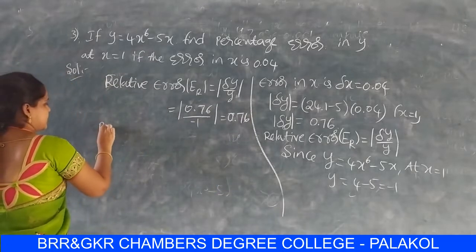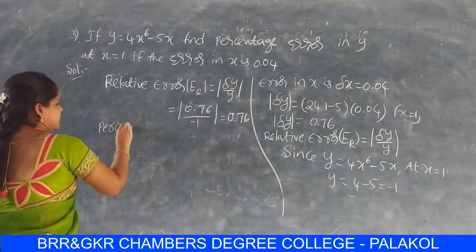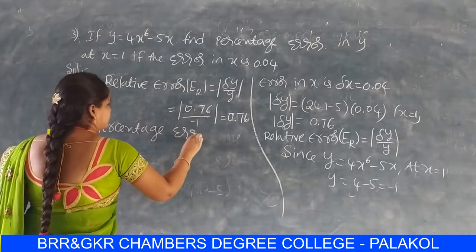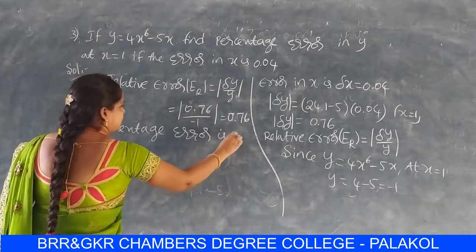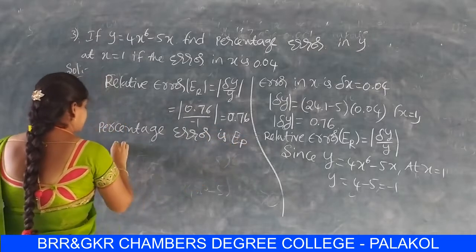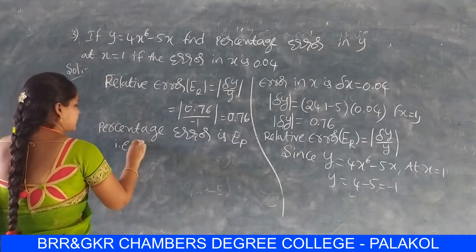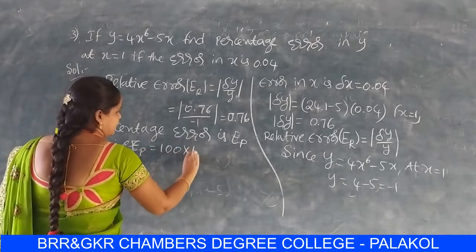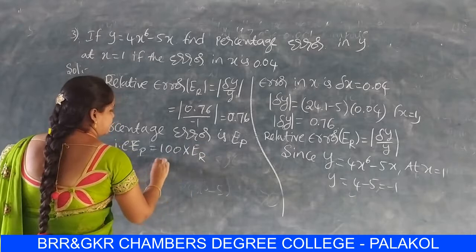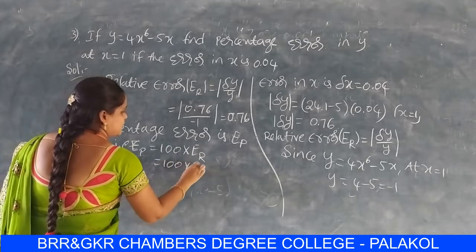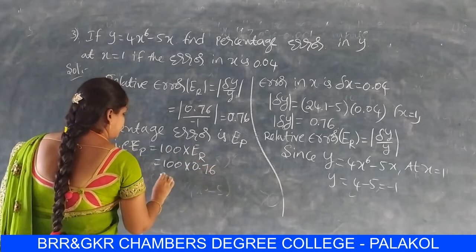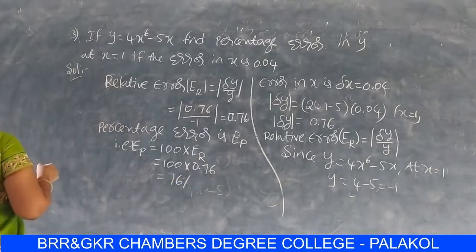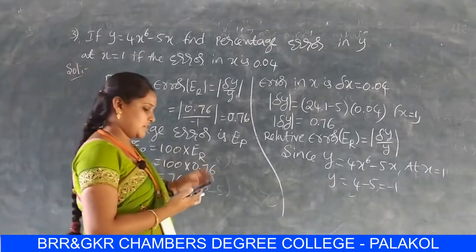Next one is percentage error. Percentage error EP is equal to 100 times the relative error, which is nothing but 100 into 0.76. So 76% is the percentage error.